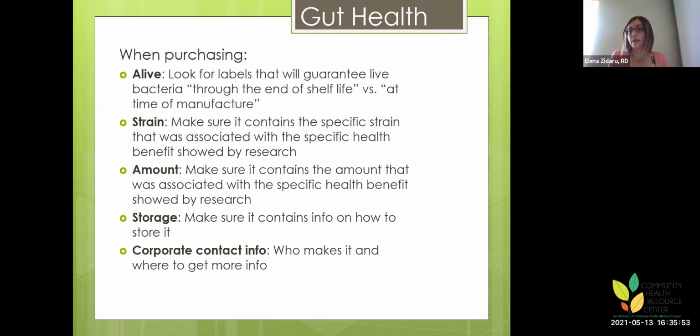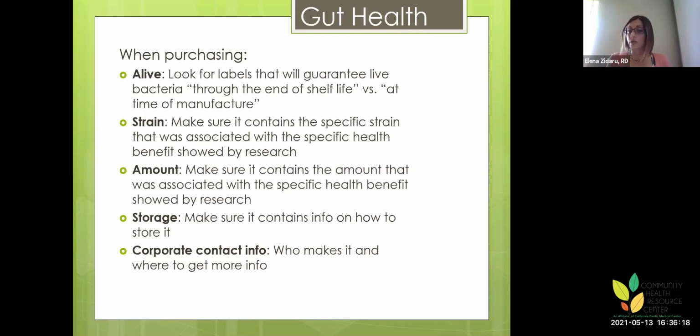A lot of them are in that 1 billion to 10 billion range, to show adequate amounts to make a difference. But a lot of times research shows that you need more. So whatever the claim for a health benefit is, try to look for that research and make sure that it is appropriate.